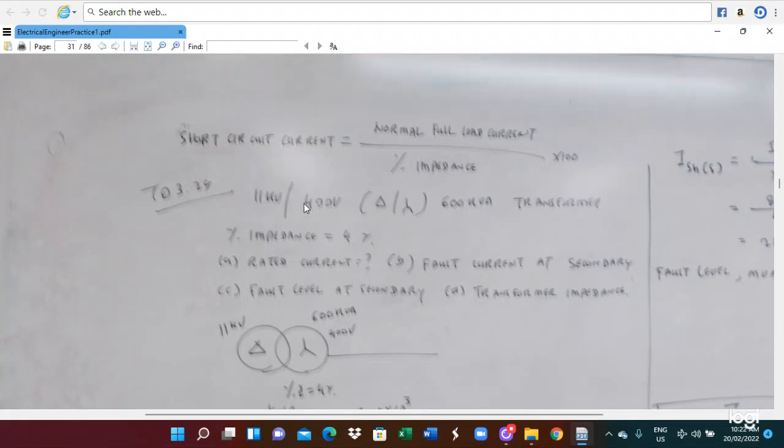So today's lesson is we do this short circuit calculation.